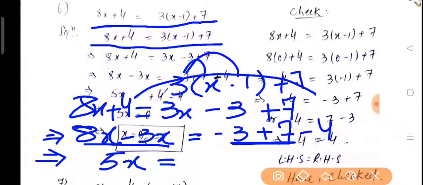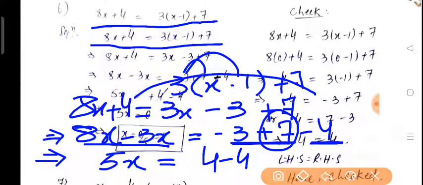When we subtract 3 from 7, we get 4, and the sign remains positive because the bigger number here is 7, and the sign in front of the bigger number is positive, so we keep the positive sign in front of 4. And now we are left with minus 4.